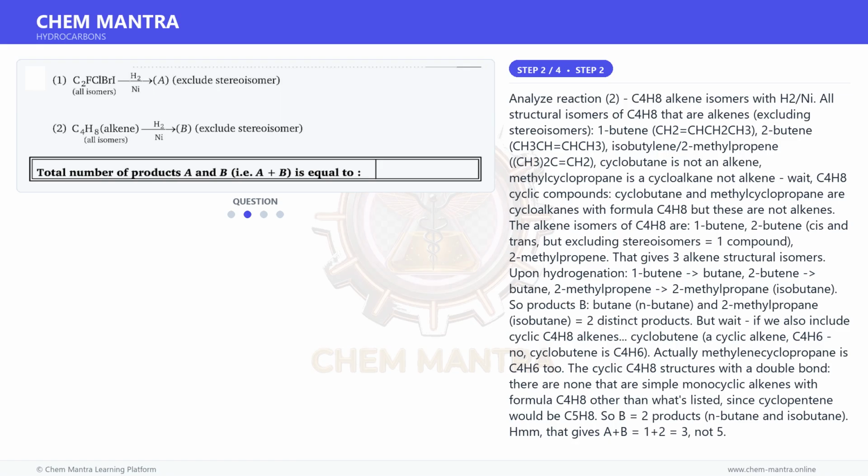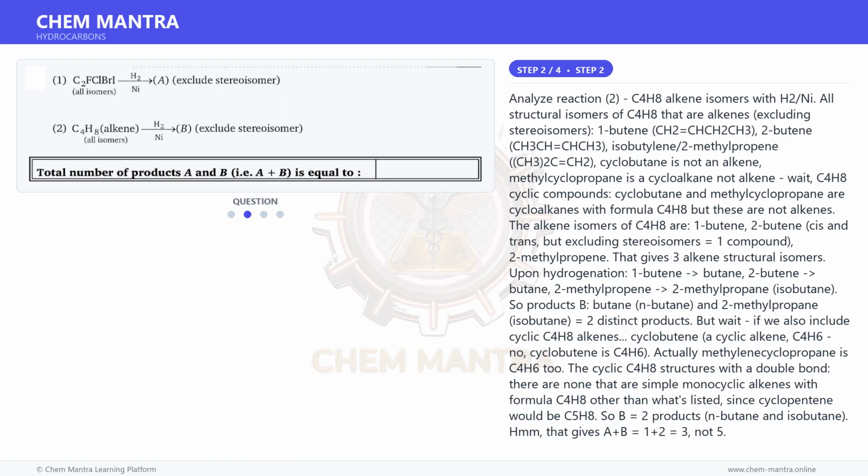Cyclobutane and methylcyclopropane are cycloalkanes with formula C4H8, but these are not alkenes. The alkene isomers are 1-butene, 2-butene (cis and trans, but excluding stereoisomers equal to 1 compound), and 2-methylpropene. That gives 3 alkene structural isomers. Upon hydrogenation, 1-butene gives butane, 2-butene gives butane, 2-methylpropene gives 2-methylpropane, isobutane. So B is butane (n-butane) and 2-methylpropane, isobutane, equal to 2 distinct products.